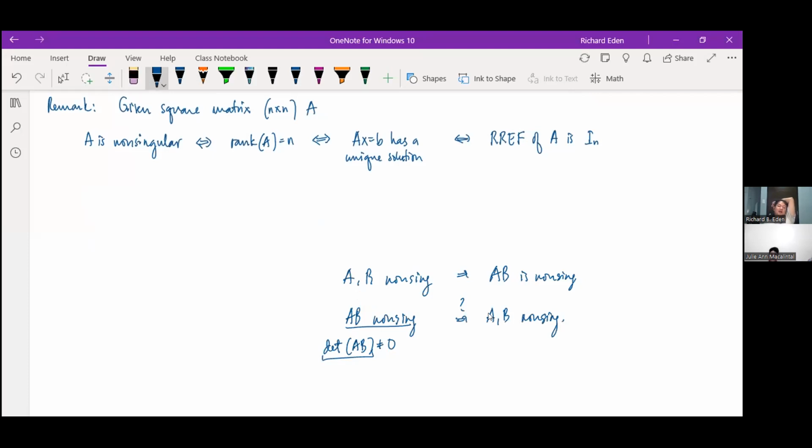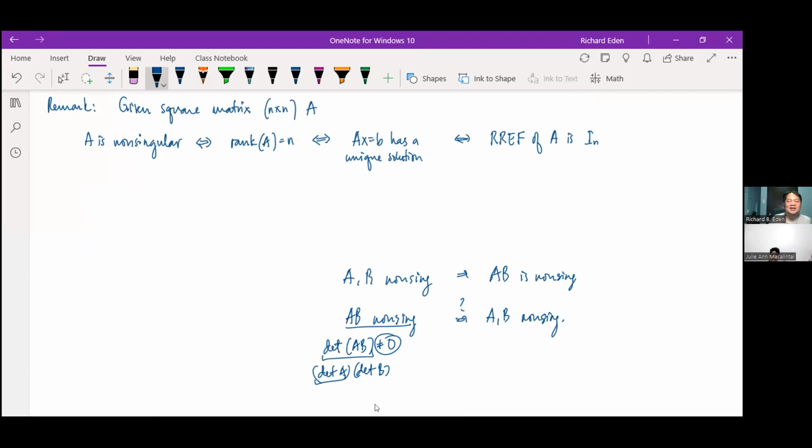Pero kunwari square si A and also si B. The determinant of AB is equal to the product of the determinants of A and B, right, the determinant of A tapos the determinant of B. Pero this product is not equal to 0. So neither can be zero. Opo. So, ibig sabihin, A and B are both non-singular. Wow. So, this can be argued in terms of determinants. Pero, syempre, wala pa tayo sa determinants.